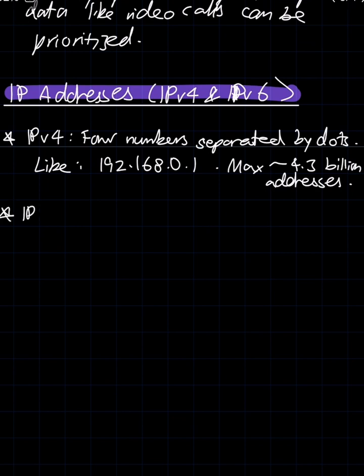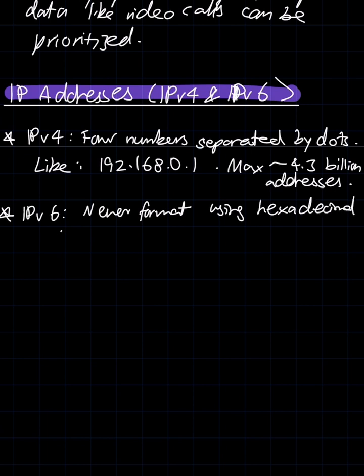Whereas IPv6 is a newer format using hexadecimals and colons, like this could be an example.